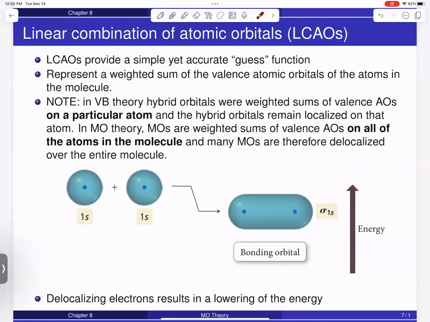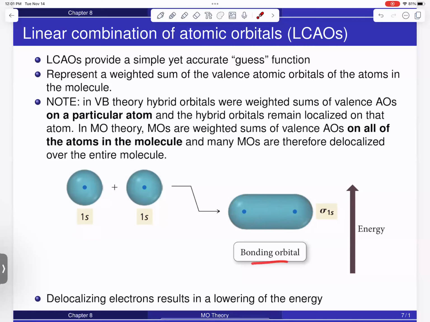We use this LCAO, linear combination of atomic orbitals approach, to give us a simple yet fairly accurate guess, right? By building up weighted sums of atomic orbitals, we can make new orbitals like we saw in our simulation. What I'm depicting here on this next slide is a weighted sum of two 1s orbitals that gives us a larger orbital where we are increasing electron density between the two atoms.